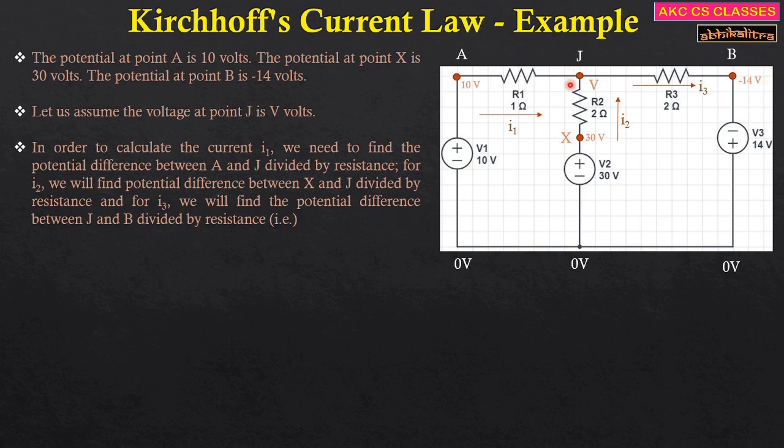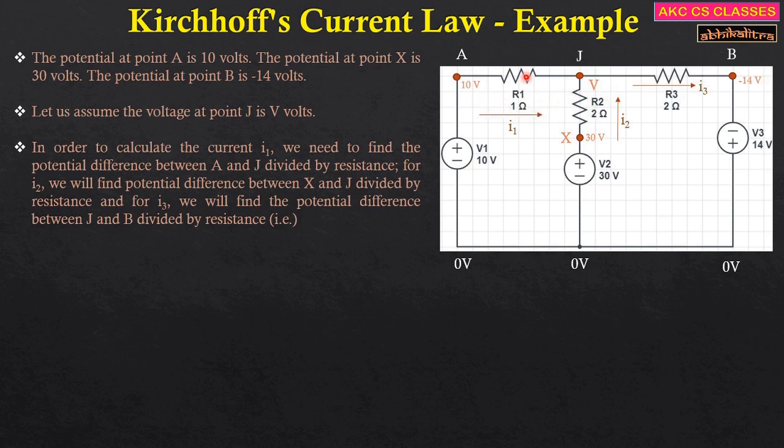The potential drop can be assumed as follows. Since I have considered that the direction of the current is moving from A to J, and current always moves from higher potential to lower potential, according to the assumption of the current I1, A will have a higher potential and J will have a lower potential, because only then is the current moving in this direction.